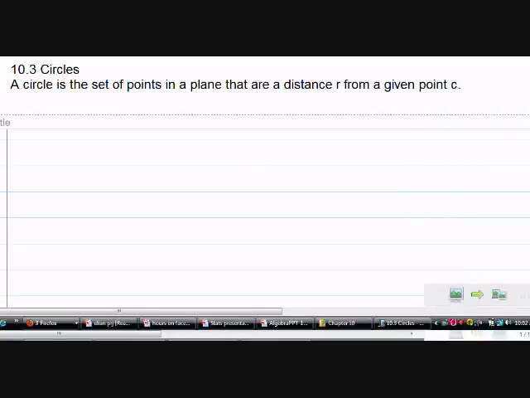So, if I'm on the XY plane, a nice green axis, and let me set the center of my circle at the origin.